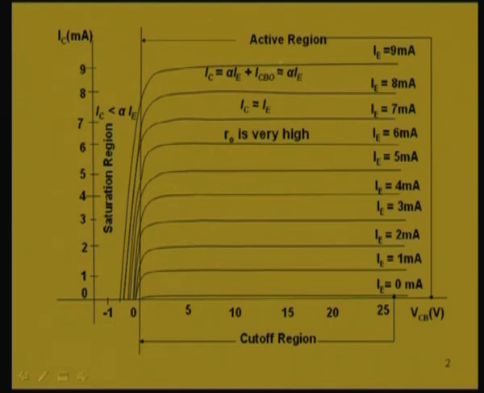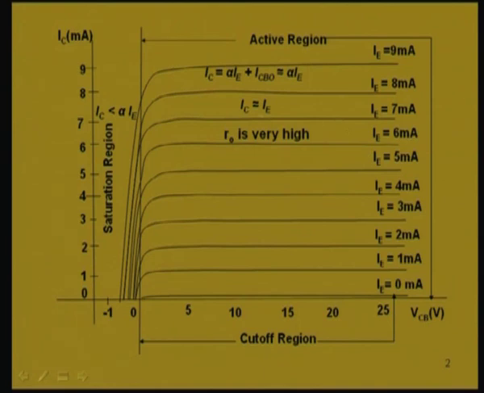Now, ICBO is the leakage current or reverse saturation current, which is very negligible. So, we can ignore this ICBO, then IC will be equal to IE, which is truly represented in these graphs.